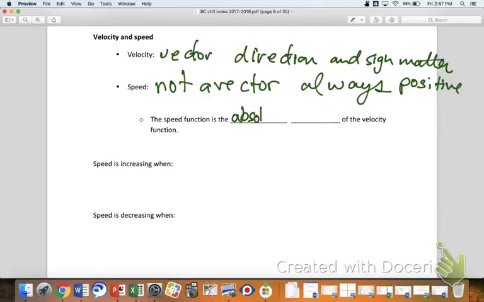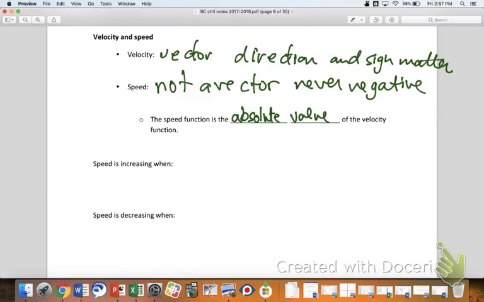Absolute value is the correct answer. I'm actually going to go back and correct something I said. I said speed is always positive. That's actually not true. Speed is never negative, because speed could be 0.